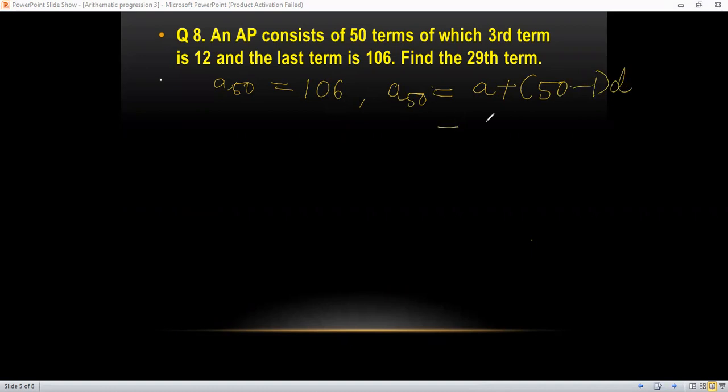Now this will be A plus 49D equals 106. This is the first equation. Now A3 is equal to 12.